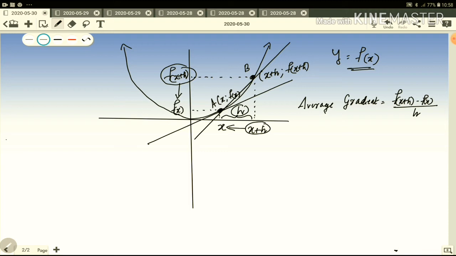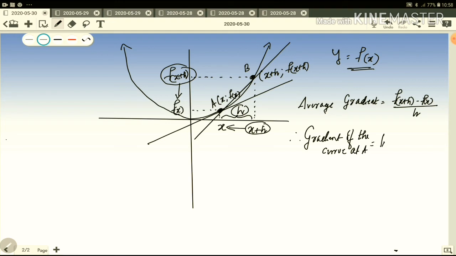Therefore, the gradient of the curve at A is, how do we get it?